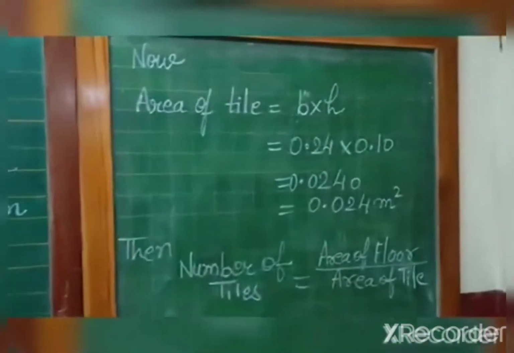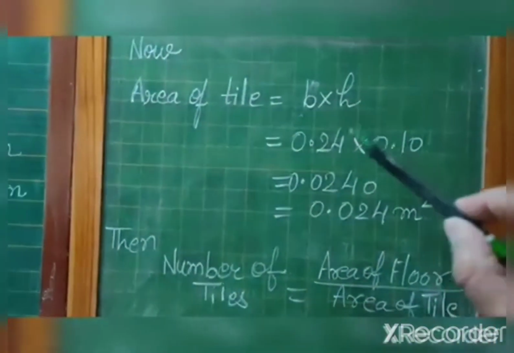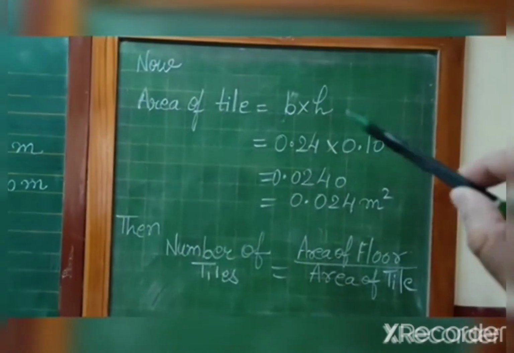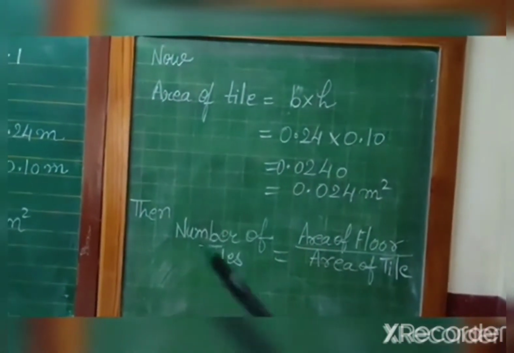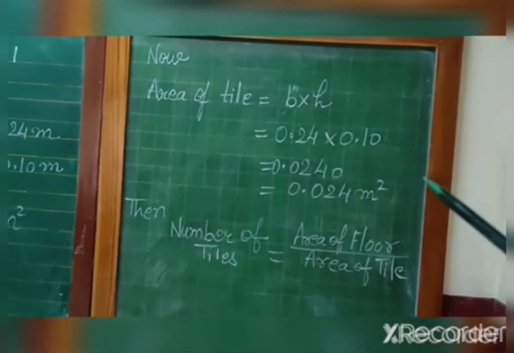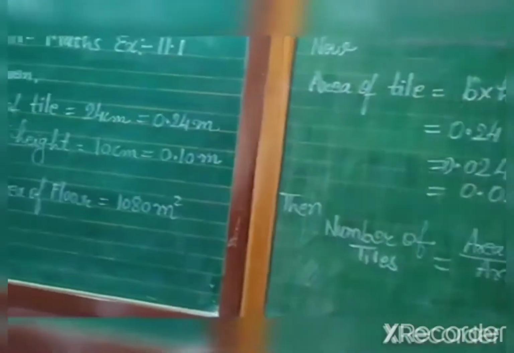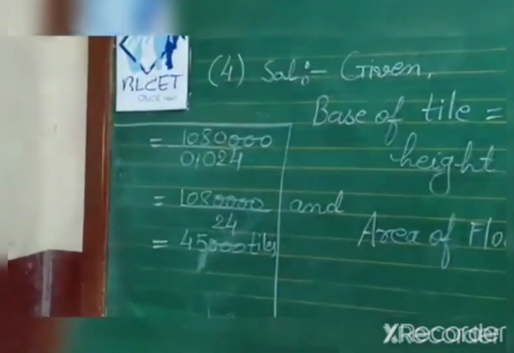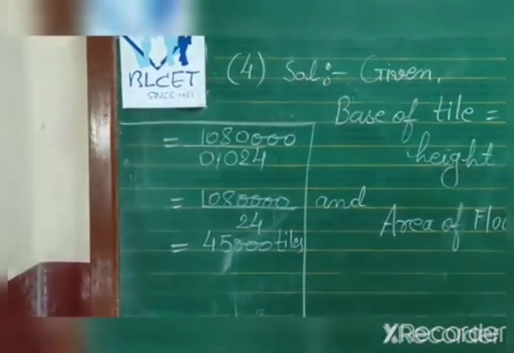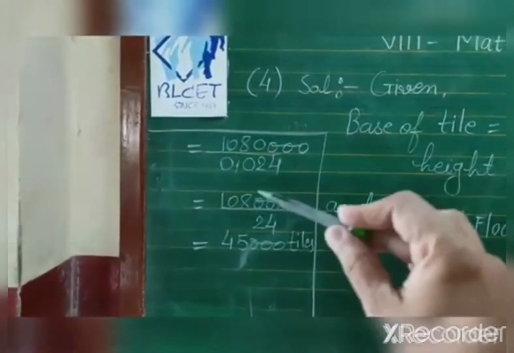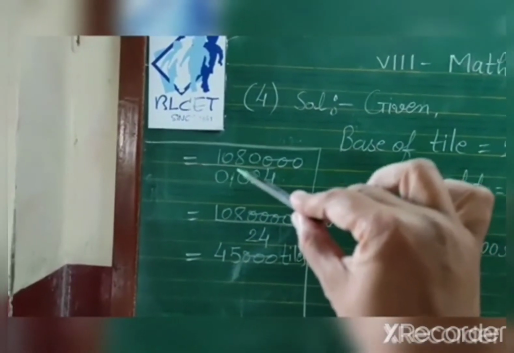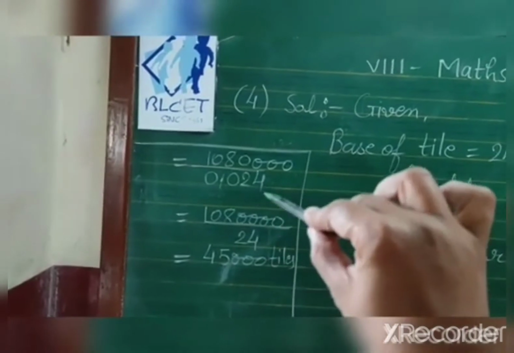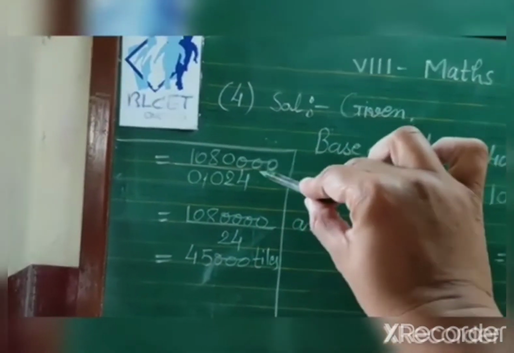Now area of tile is equal to base into height, so 0.24 into 0.10, so 0.0240, we can cancel this 0. Now number of tiles required equals area of floor upon area of tile. So you can see here area of floor is equal to 1080 and area of tile equal to 0.024. When we remove this decimal, after the decimal you can see 3 digits, so we will put 3 zeros in the denominator.